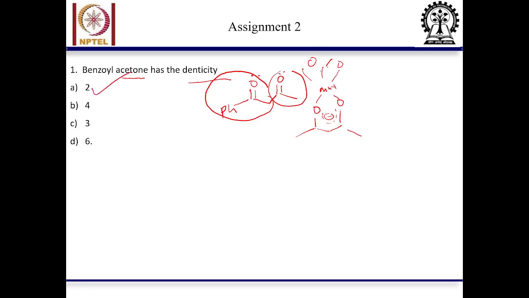Correct. Next is, how many pyrrole rings are present in the porphyrin ring?